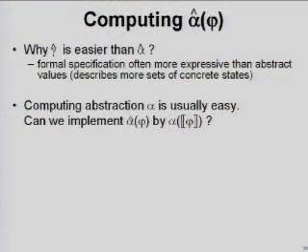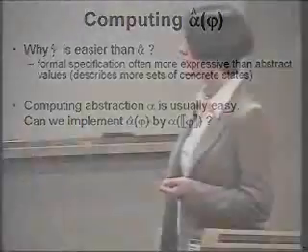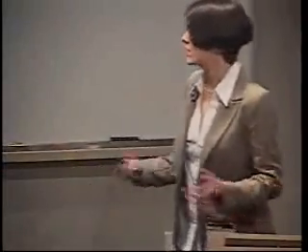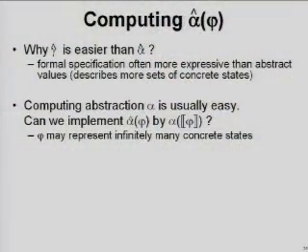Another usual question: it's easy to compute alpha, the abstraction function, for a single state. Given a state, I can easily compute its abstraction. Why is implementing the symbolic version difficult? The reason is that this set is infinite, so I cannot go one by one, abstract them and take the join.